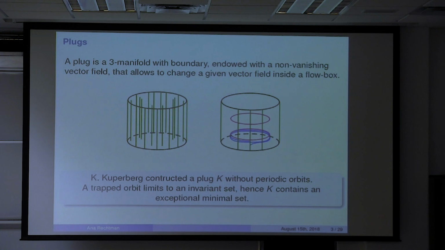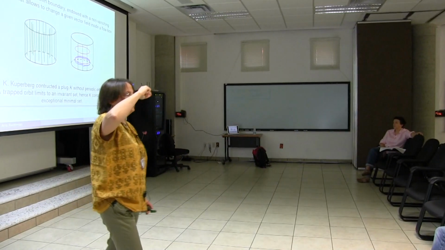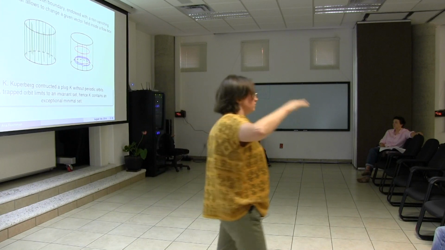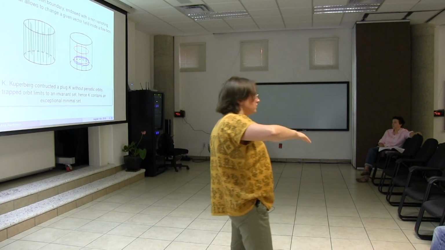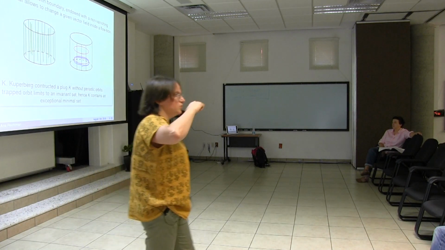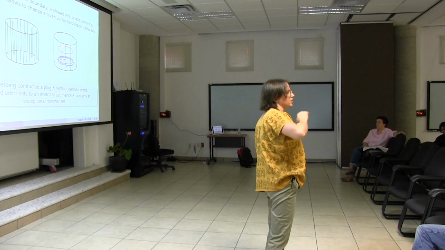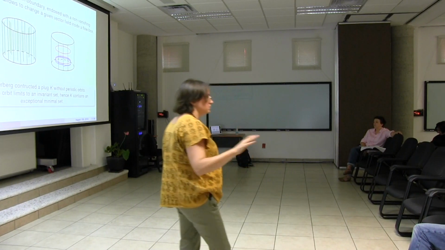So these are the trapped orbits of the plug. And if an orbit is not trapped, then it will exit exactly in front of where it came in. Those are the things you want. And if you can build a plug without periodic orbits inside, then you can change any vector field that has isolated periodic orbits for a vector field that has no periodic orbits.